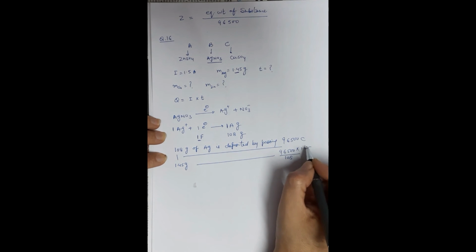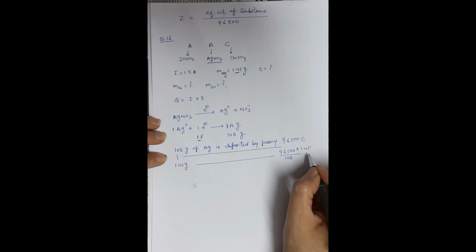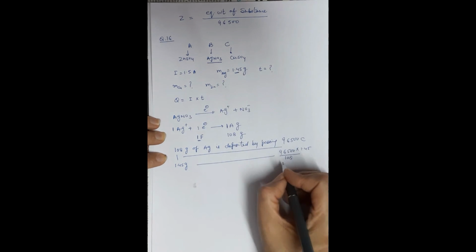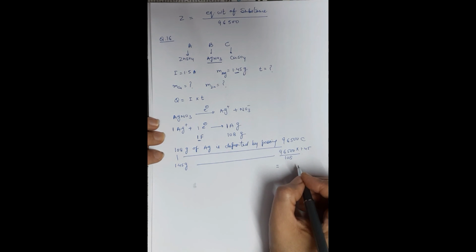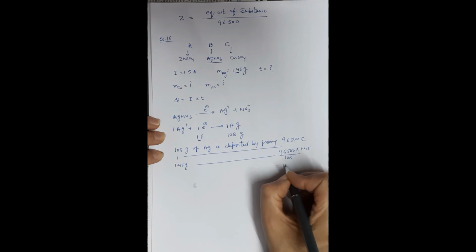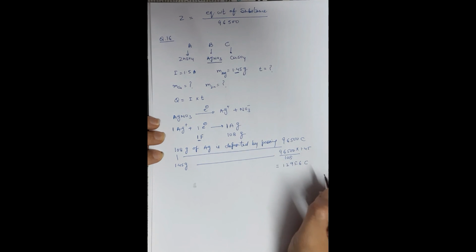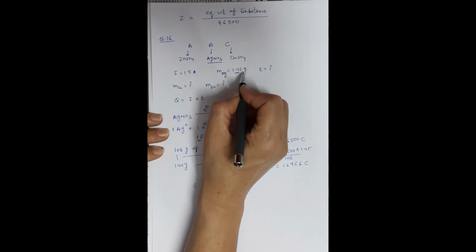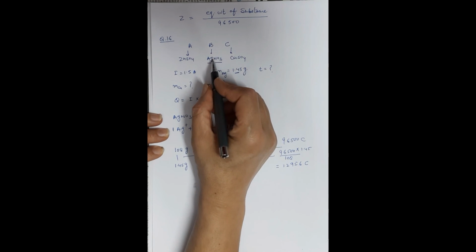This much charge is required to deposit 1.45 gram of silver. If you calculate, it comes out to be 1295.6 coulombs.